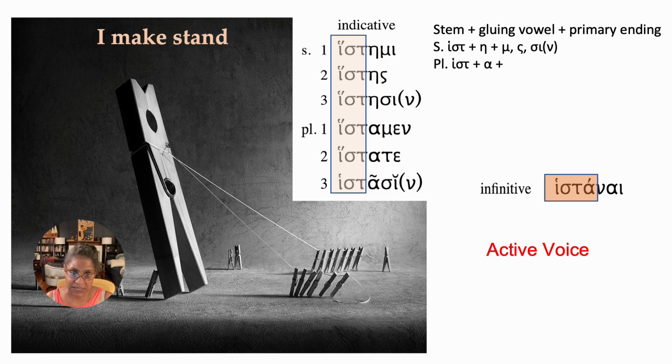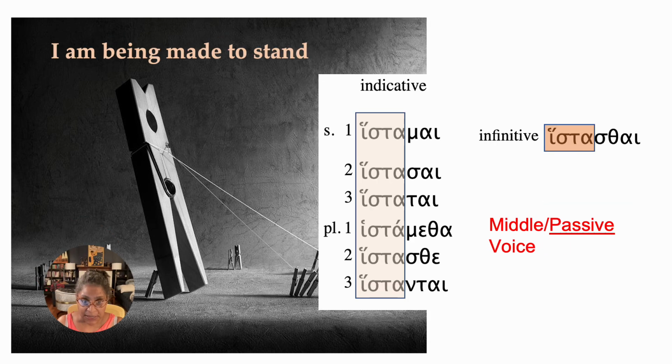So we've seen it in the active, and it means to make stand, right? So histemi, I make stand. So the image here is, of course, of these clothespins making the big clothespin stand up. I make stand. So that's the active.